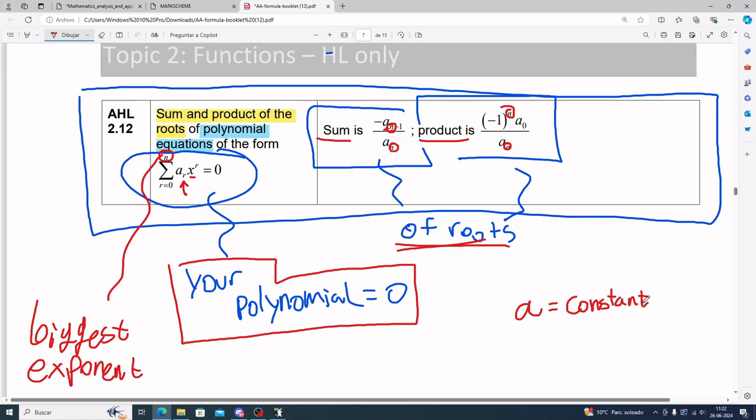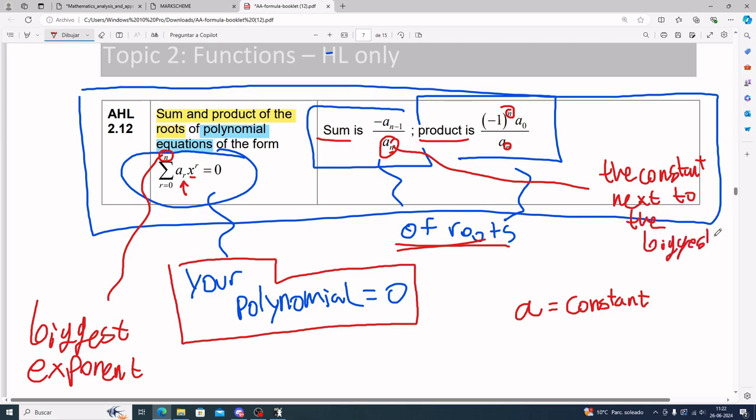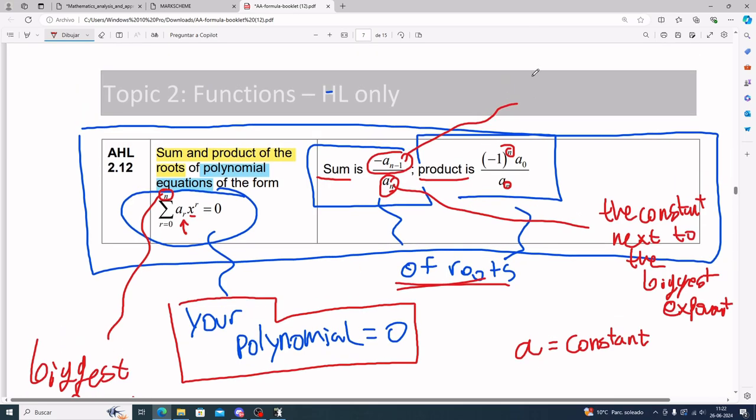Because here you have n, so you can basically think about it as the constant next to the biggest exponent, while this one over there is a very similar idea, but it's the constant before the biggest exponent.